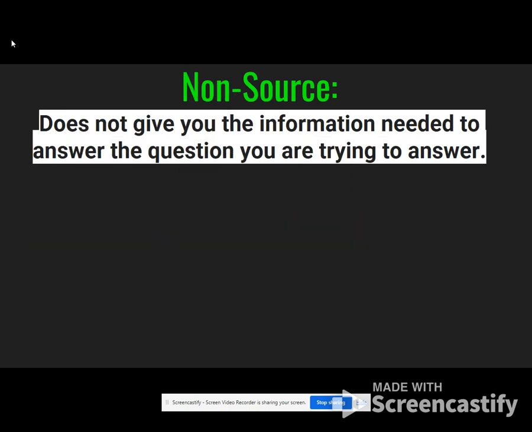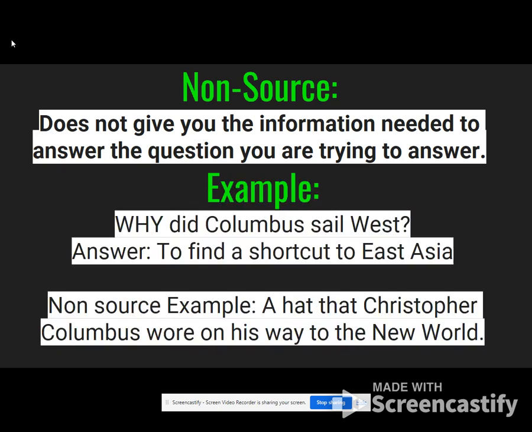Now, there is such a thing called a non-source, and this does not give you the information needed to answer the question you are trying to answer. So I'll give you an example of that. The question you're trying to figure out is, why did Columbus sail west? The answer to that is to find a shortcut to East Asia.